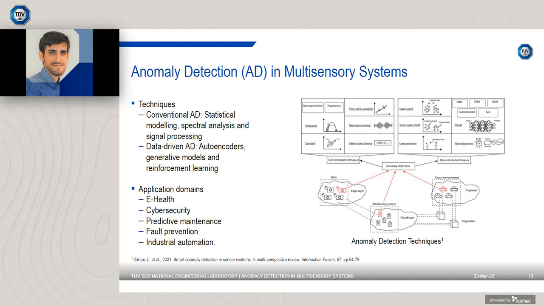For the data-driven approaches, we have more complex methods, applicable to more complex problems. They can be embedded into deep neural network models such as autoencoders, and generative models such as GANs and variational autoencoders, to detect anomalies.